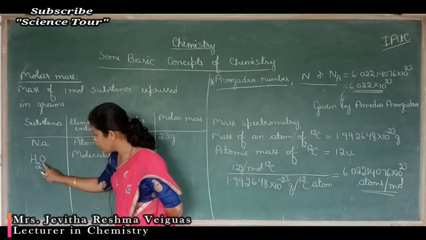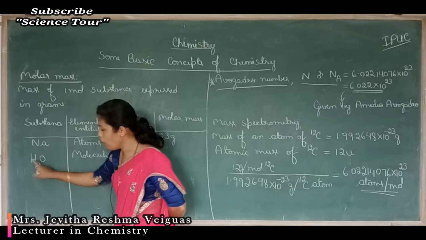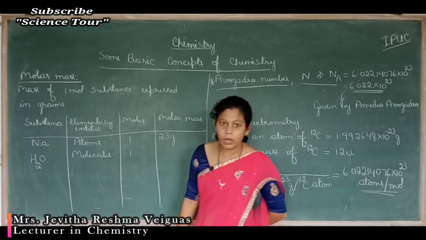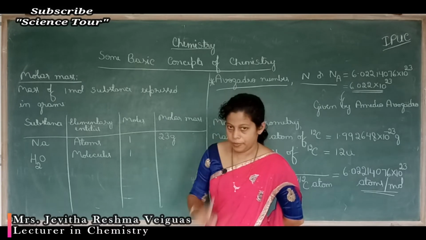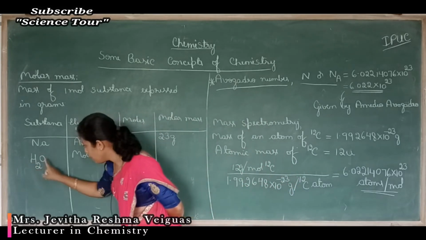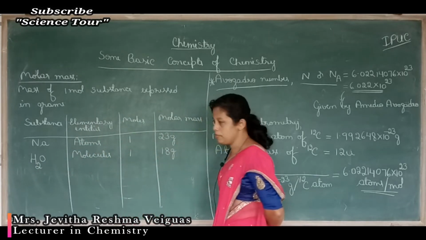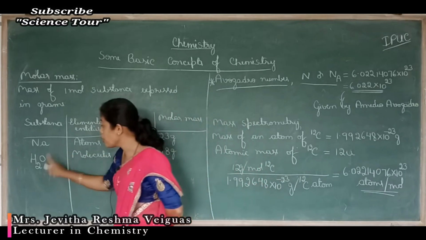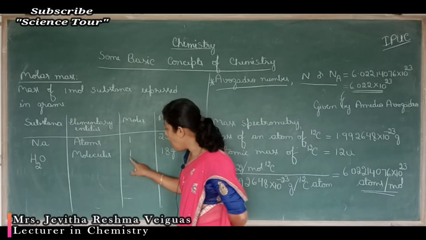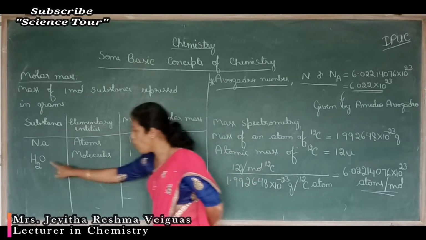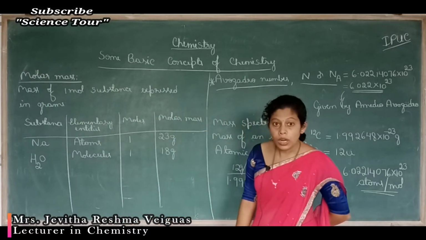Molecular mass of water is 18 grams. It is actually 2 into 1, as hydrogen atomic mass is 1.008, and for our convenience we can consider it as 1. So 2 into 1 plus 16, that is 18 grams. 18 grams is the molecular mass of water and the mass of 1 mole of water. Hence it is called molar mass.